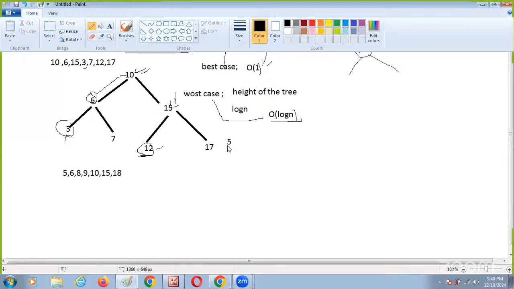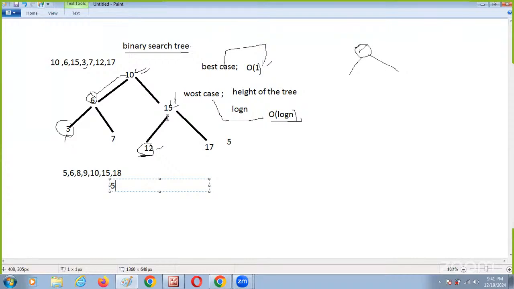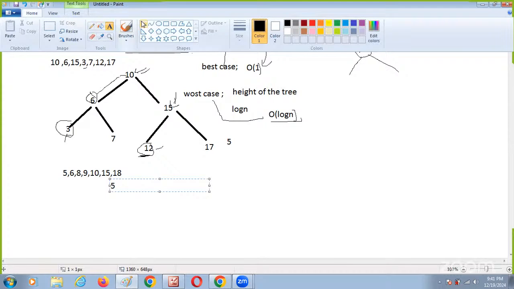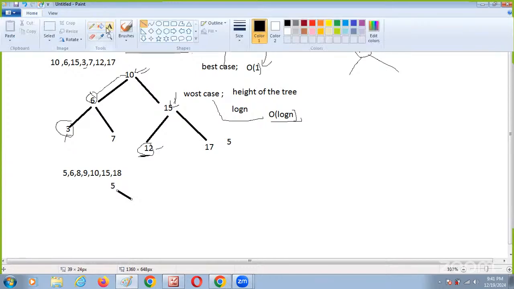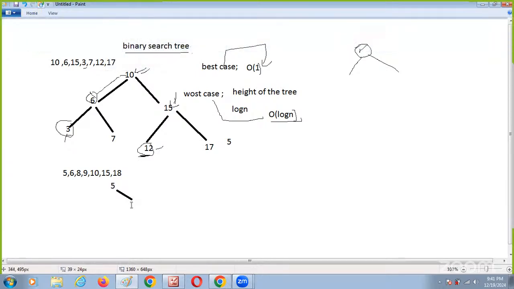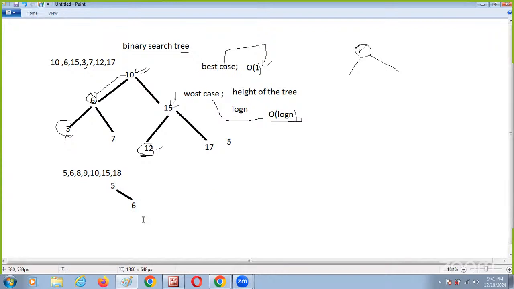Now let me draw here. 5 is the first root node. The next element is 6, and 6 is less than 5 or greater than 5? 6 is greater than 5, so you have to place it on the right hand side.